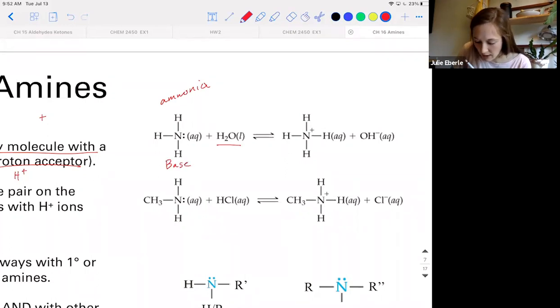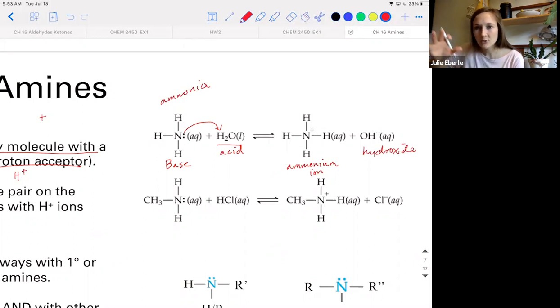But this is the base. Why? Because it takes a hydrogen. This lone pair grabs a hydrogen off of water. So water is acting as the acid. Okay, now what do we have over here? We have the ammonium ion, and then we have hydroxide. That's left over from the acid.